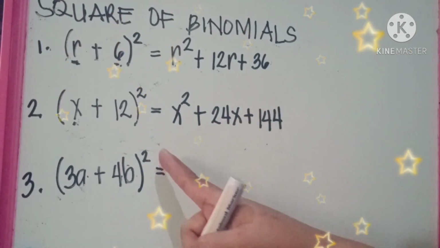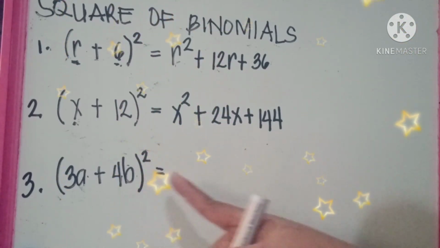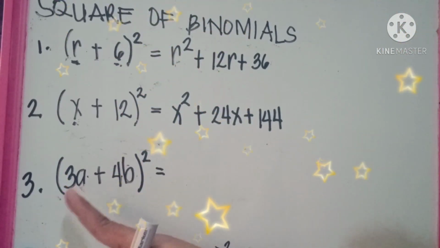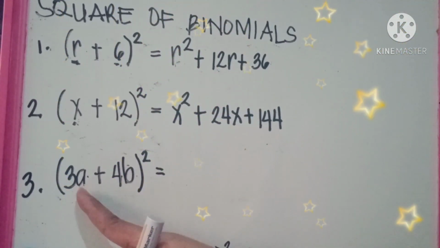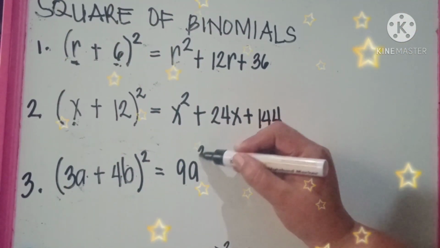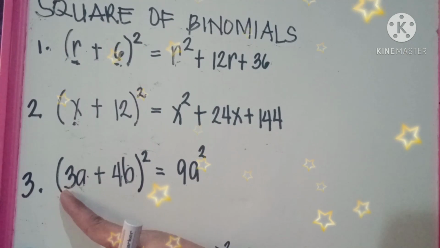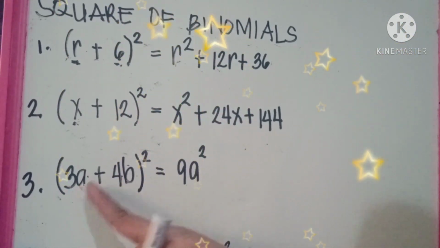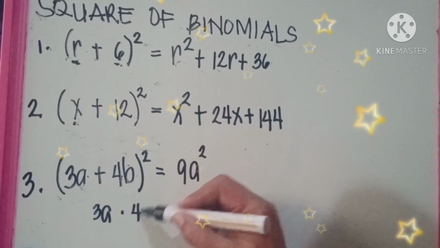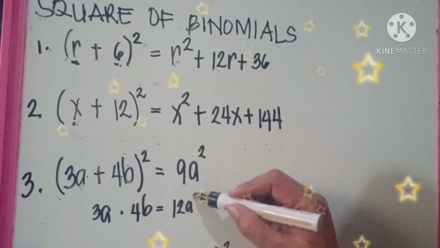Third example, square of 3a plus 4b. So the first term of the product is the square of the first term of the binomial. So 3a multiplied by 3a is 9a squared. Then, multiply the terms of the binomial. So, 3a times 4b is equal to 12ab.